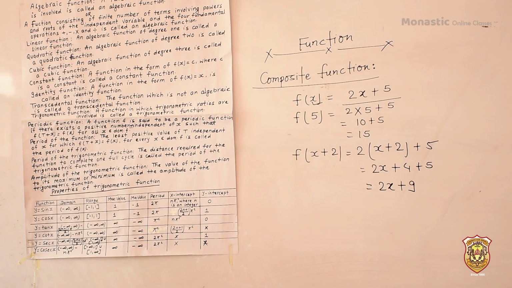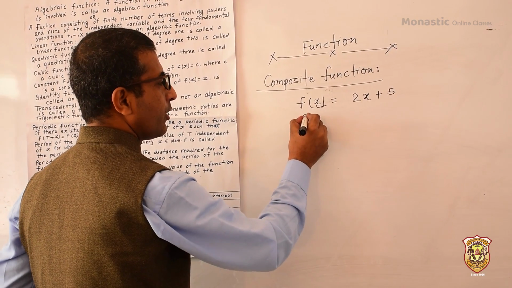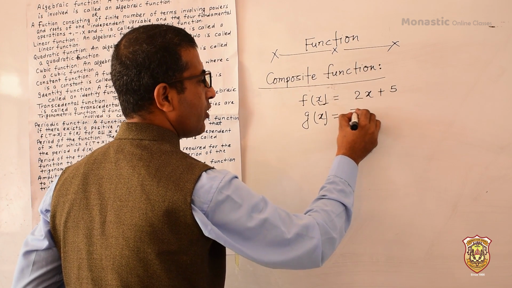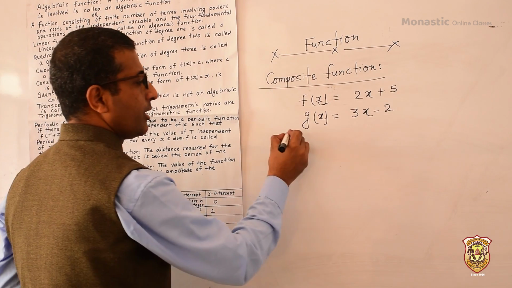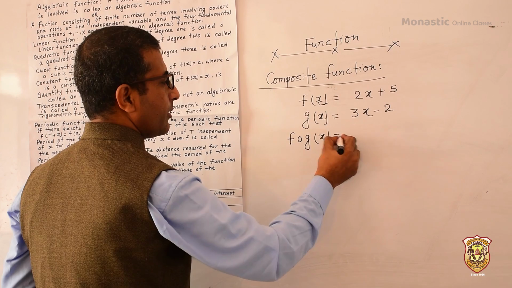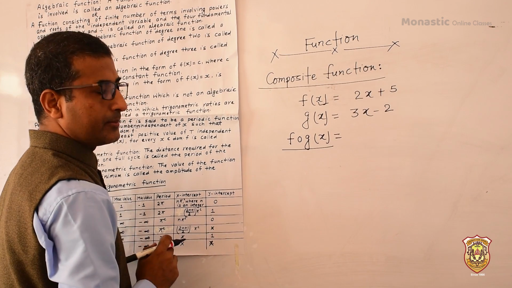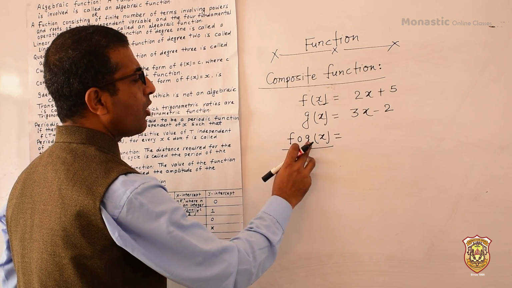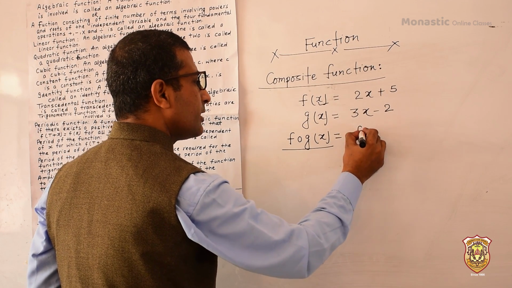Now when we have more than one function and we have to combine these two functions, one function is f(x), another is g(x), and we have to find the composite of them. We will use this sign. We will read it as f circle g of x. We can use f of g of x.